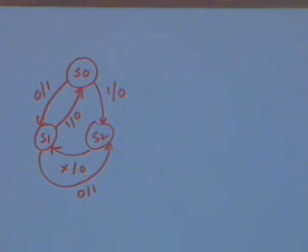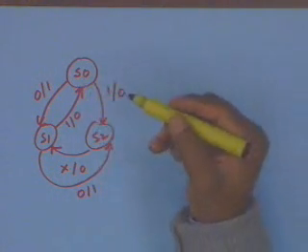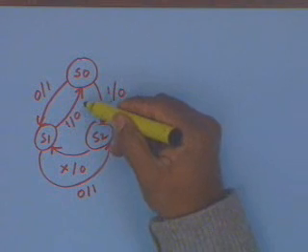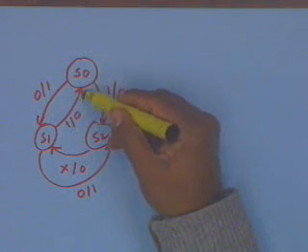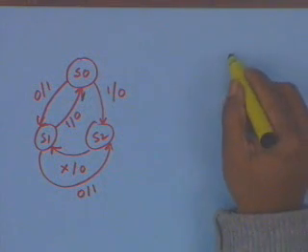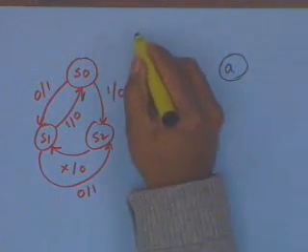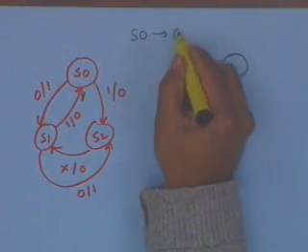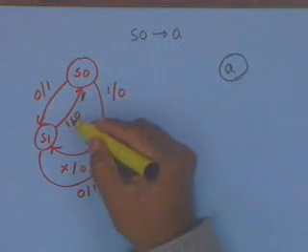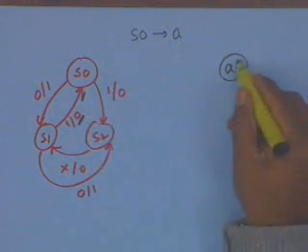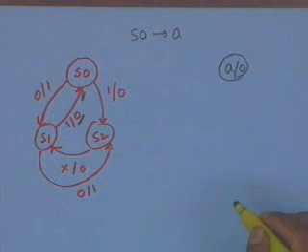Let me consider this particular state diagram. Now, if I consider state S0, I have only 1 incident edge on it, and because there is only 1 incident edge, let me call it A. So, S0 corresponds to state A here, and the output that I will associate, I will take from this, so the output will be 0.